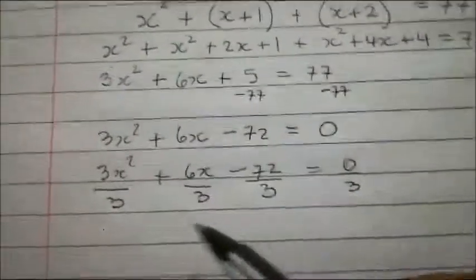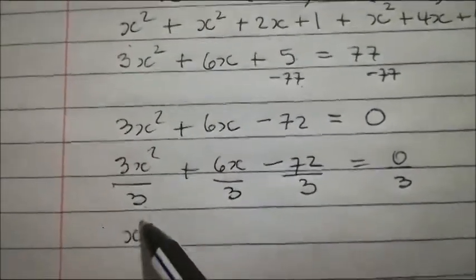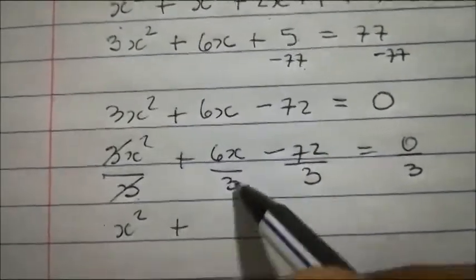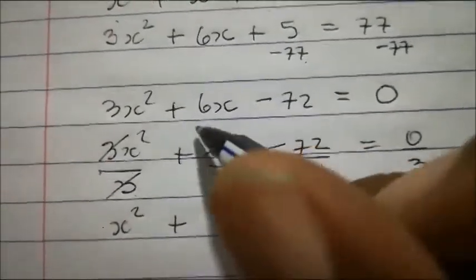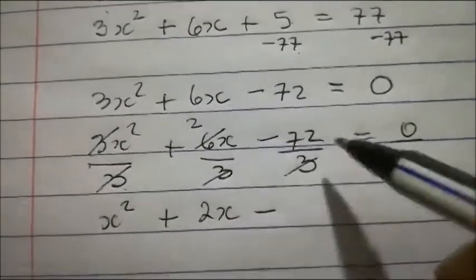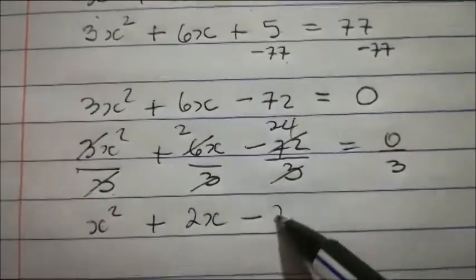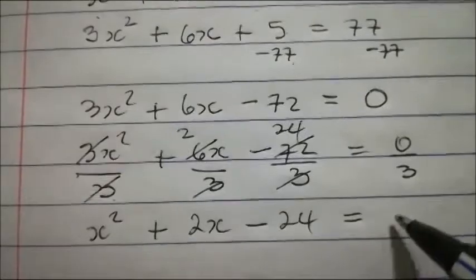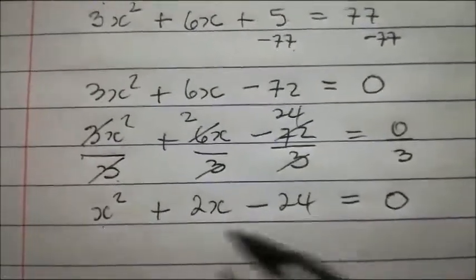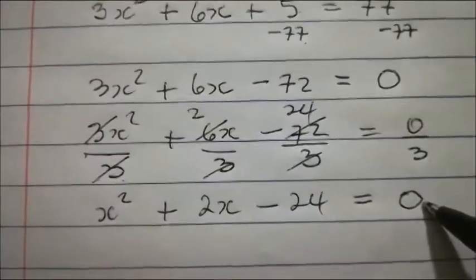Alright? The 3 cancels that 3, and we're going to be left with x squared. The 3 cancels this 6, and we're left with 2x. And this 3 goes into this 72 to give us 24. So this is 24. So now we have an equation that is more manageable, right? We can easily factorize this as it is. 0 divided by 3 is still 0.